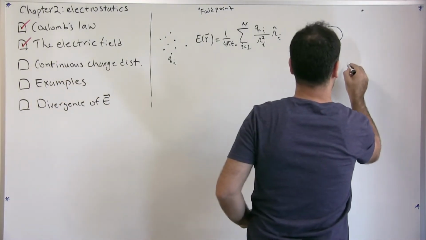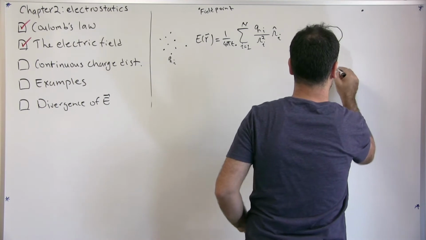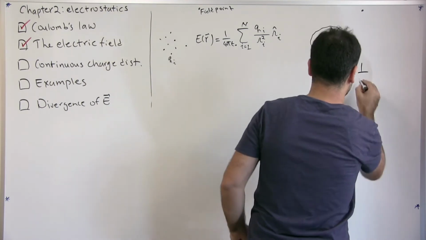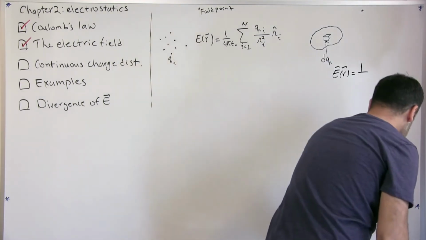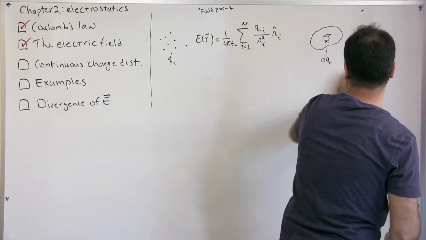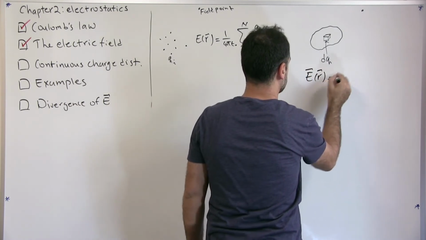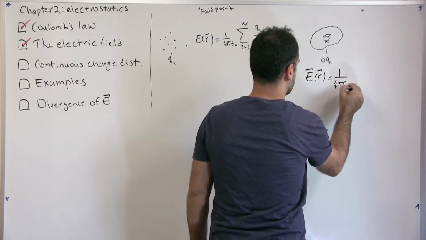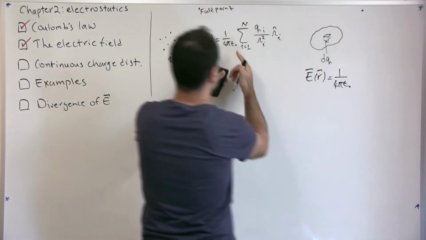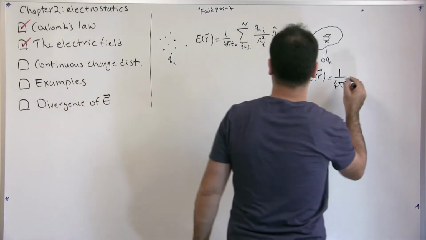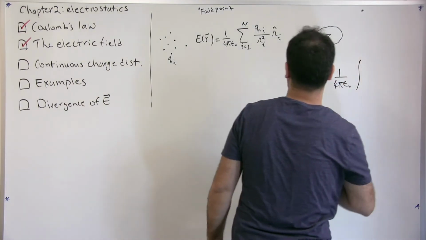And here the electric field is 1 over 4 pi epsilon 0, which is exactly the same thing. And now I'm going to change that summation sigma to an integral.